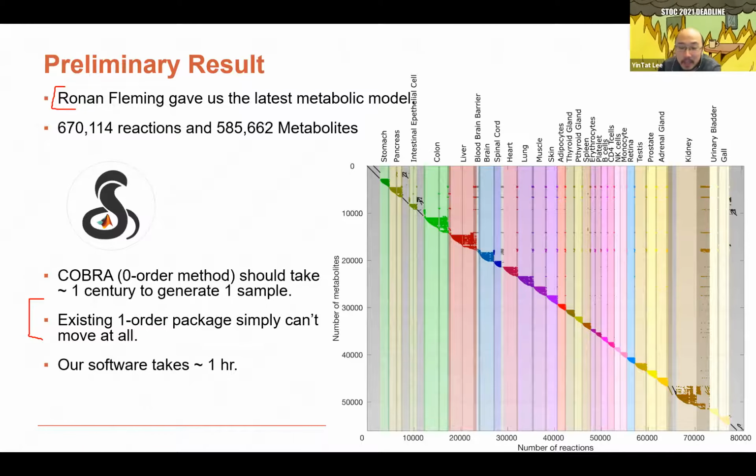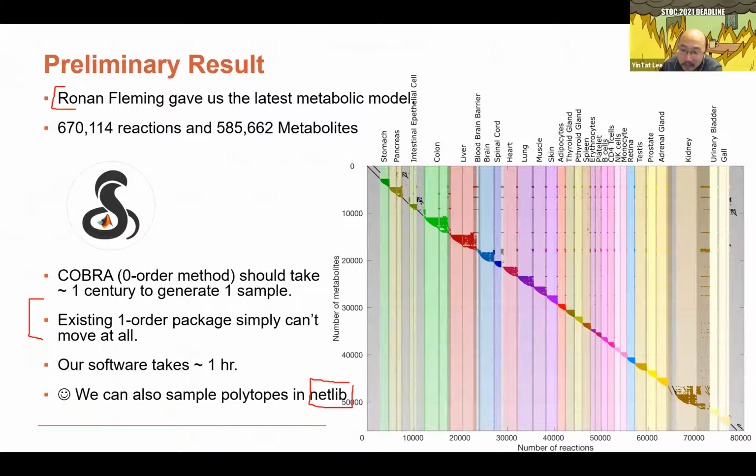Another benefit of our software is that it is very robust. For example, there is a famous data set of polytopes, LIB. Our software can sample inside any of those polytopes. But existing software can probably only handle maybe a few percent of the data set instead of all. So this is very robust.